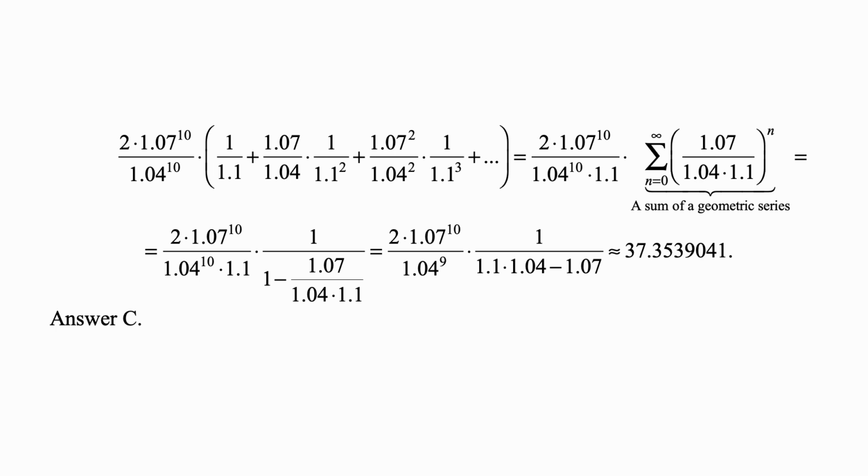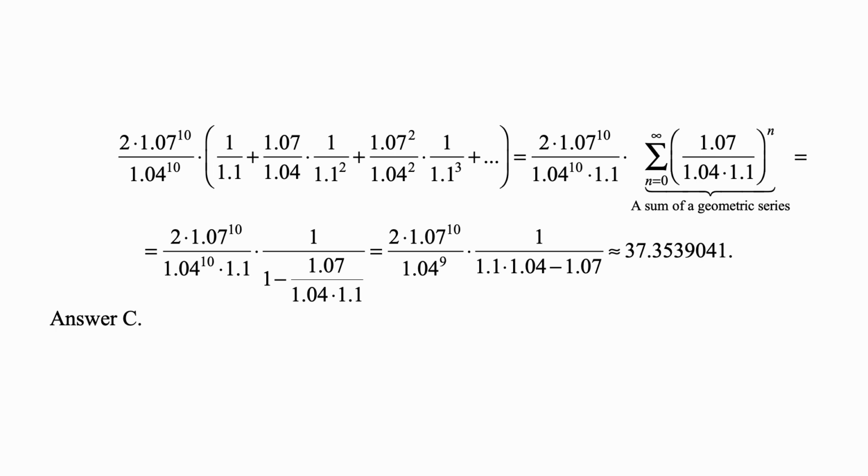So this is the sum from n equal to 0 to plus infinity of 1.07 over 1.04 times 1.1 to the nth. And of course the sum of such a geometric series is 1 over 1 minus the ratio of the series.